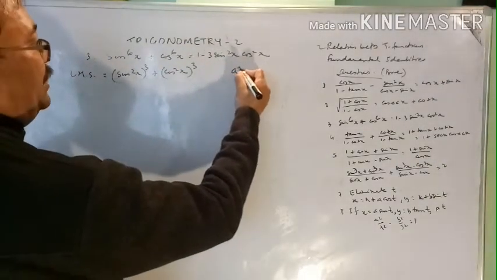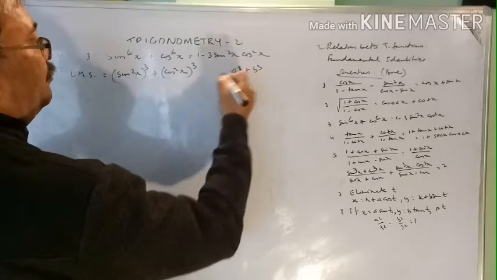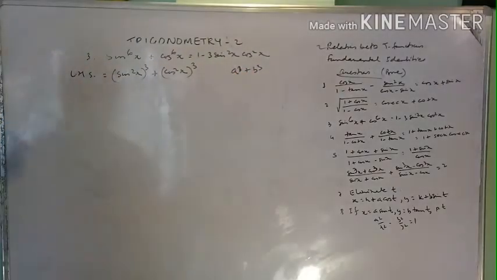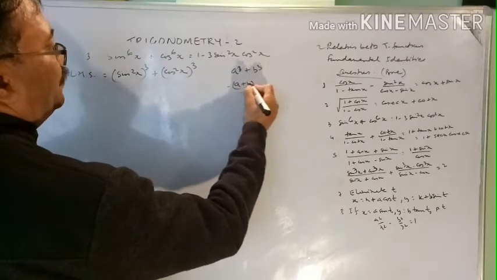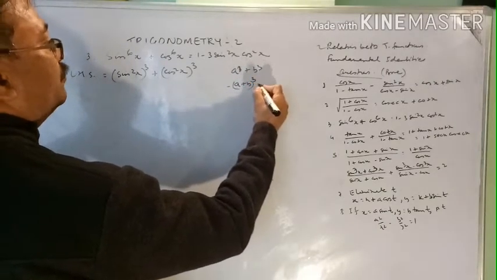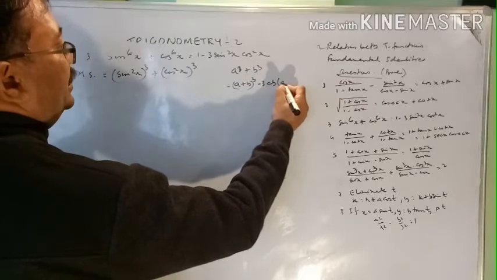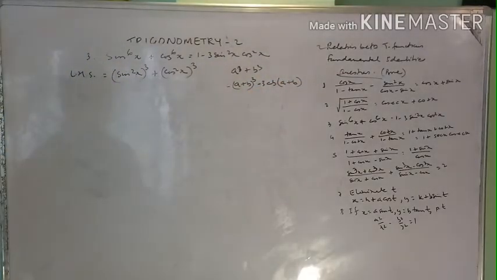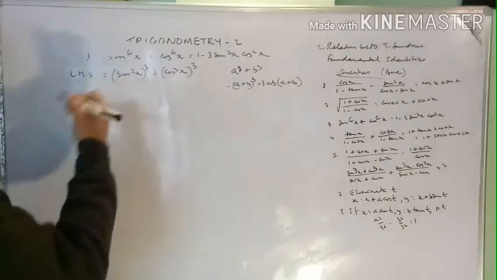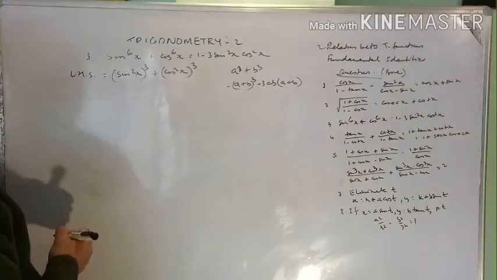A cube plus b cube formula is (a plus b) whole cube minus 3ab into (a plus b), where a is equal to sin square x, b equal to cos square x.